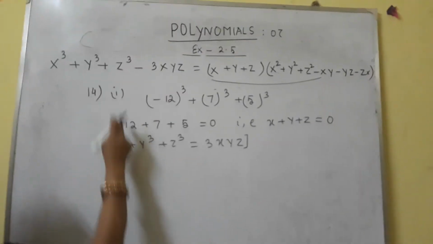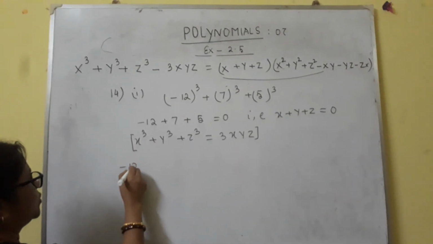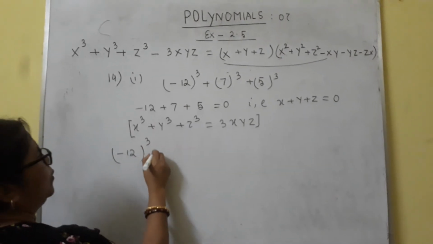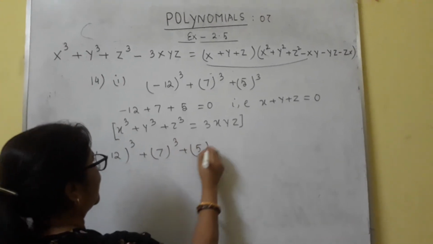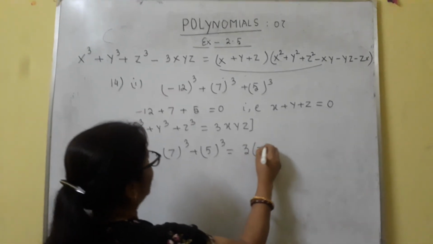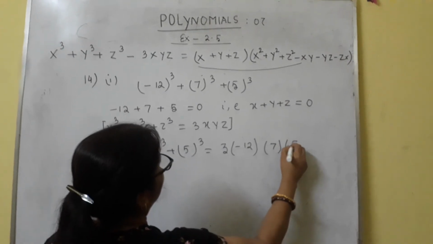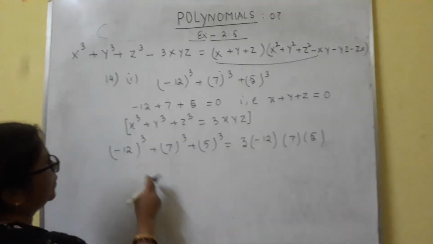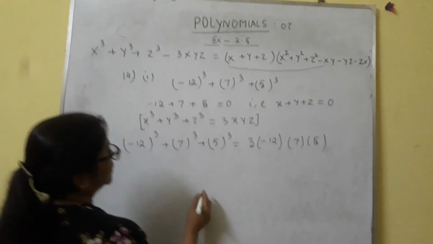From this identity we got this one; you have done it in question number 13. Now you will use this part here. So minus 12 whole cube plus 7 cube plus 5 cube equals 3 into minus 12 into 7 into 5, as x plus y plus z is 0.